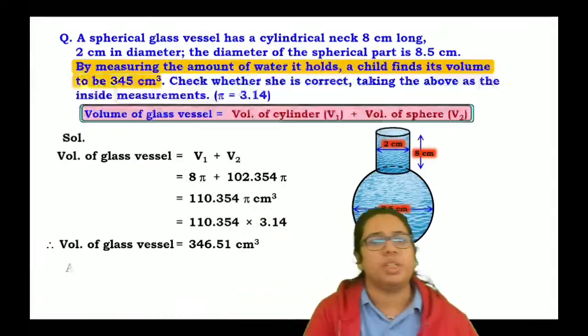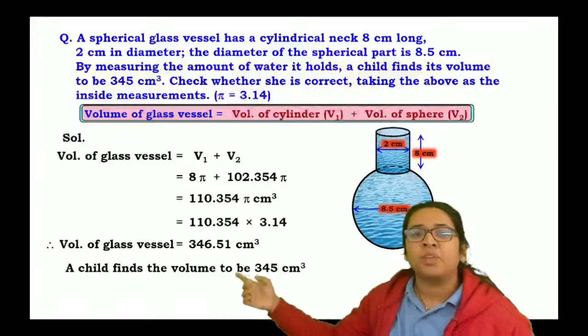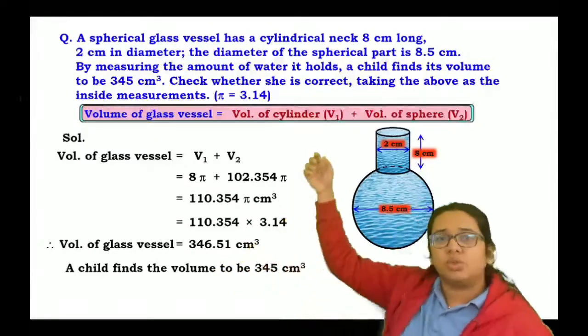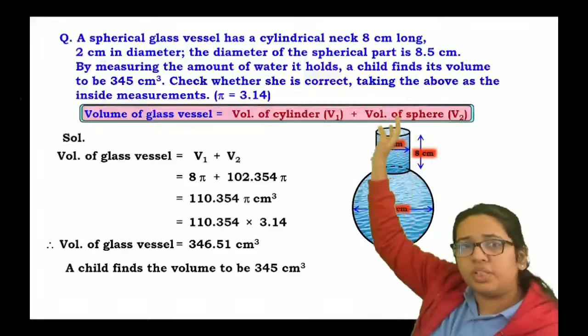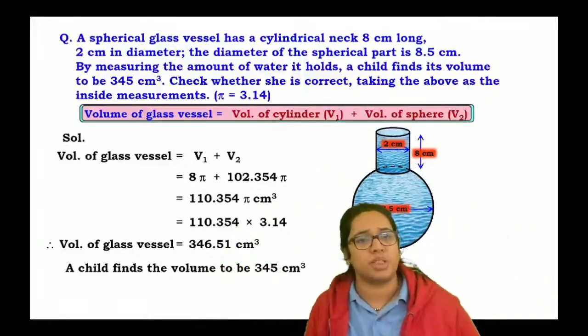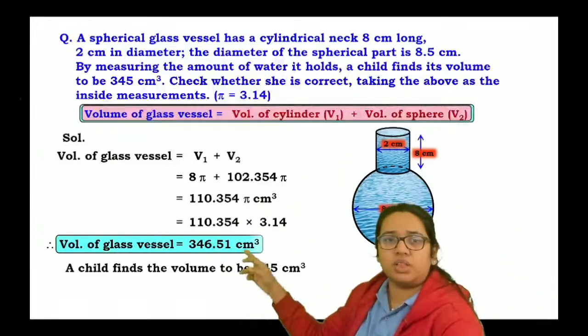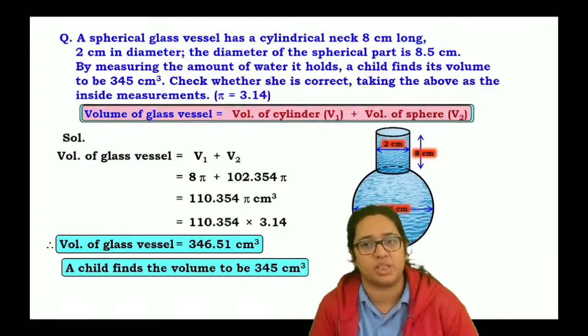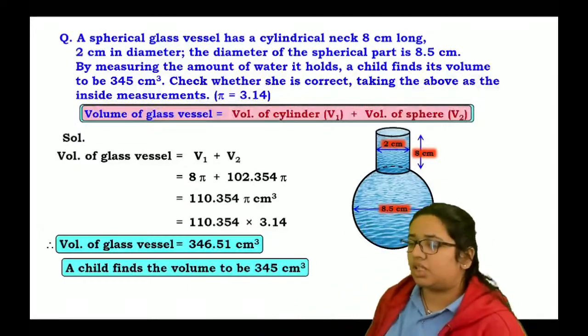Hence, volume of the glass vessel will be 346.51 cubic centimeter. So the child has found its volume to be 345 cubic centimeter, and its actual volume is 346.51 cubic centimeter. So this will be the answer.